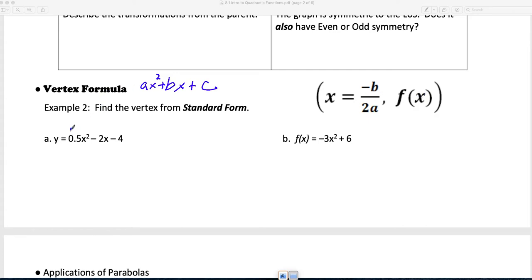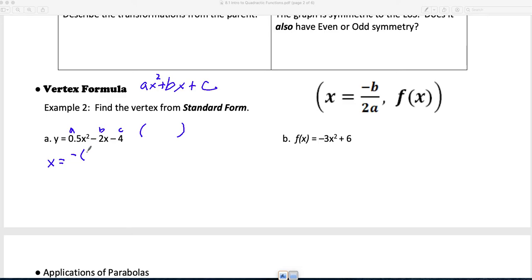So this is A, this is B, and this is C. So my x-coordinate, remember, I'm looking for a vertex. I'm looking for an ordered pair. So the x-coordinate of the vertex is going to be x is equal to, okay, that negative is part of the formula. So I'm going to substitute into parentheses so I can keep my negative straight.